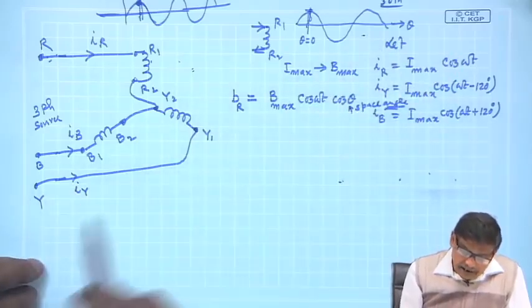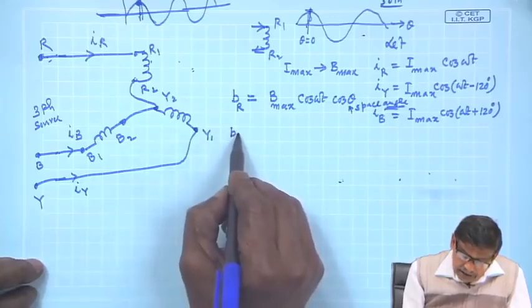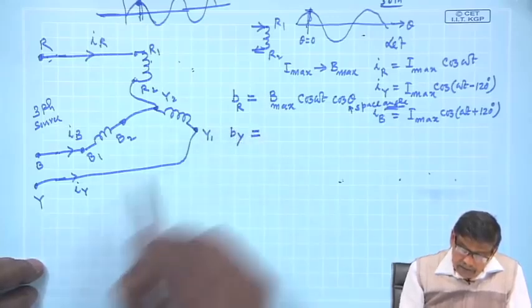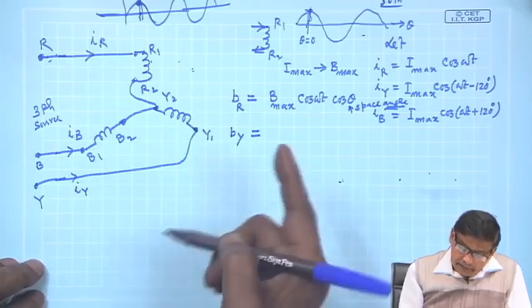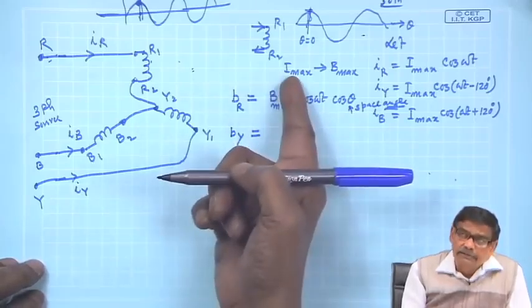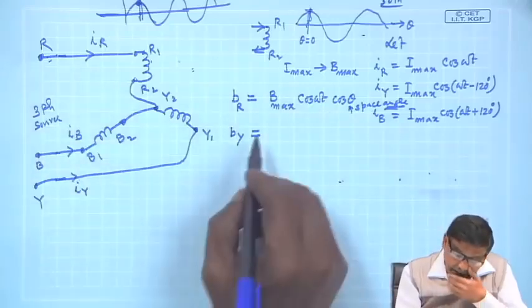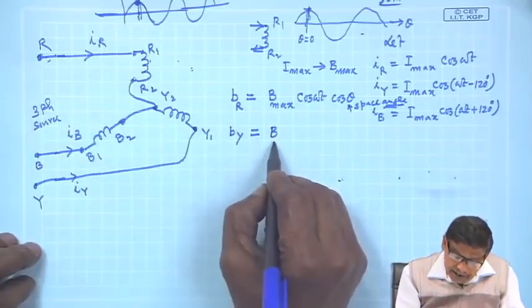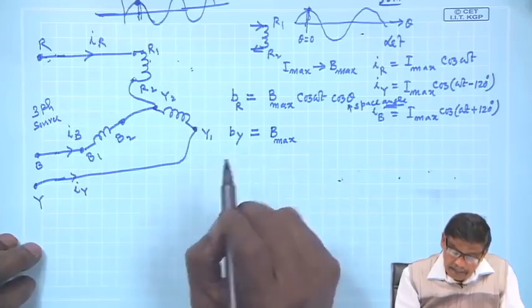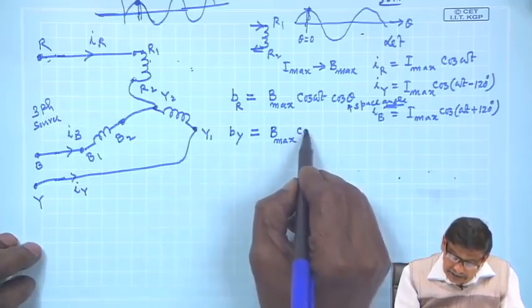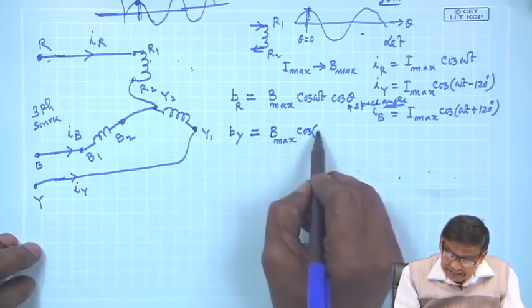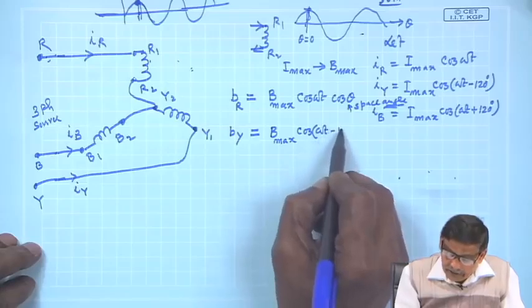If this is B R, B Y will also go to I max, the currents being displaced by 120 degree. So, this B max remains the same, but the current is displaced by 120 degree.